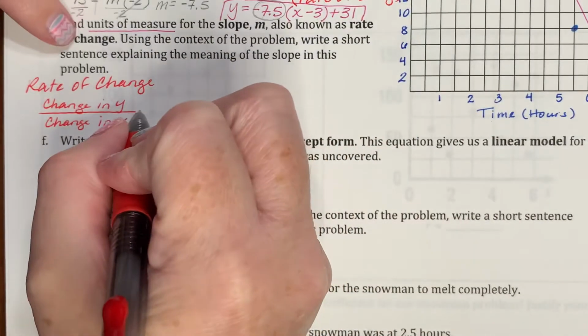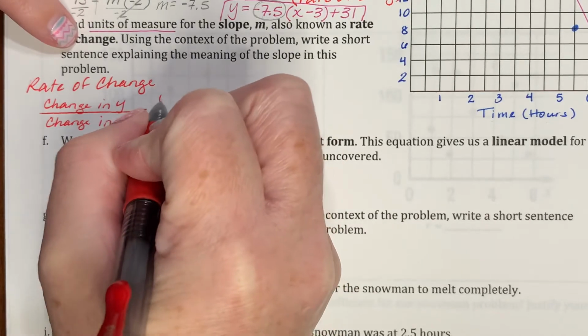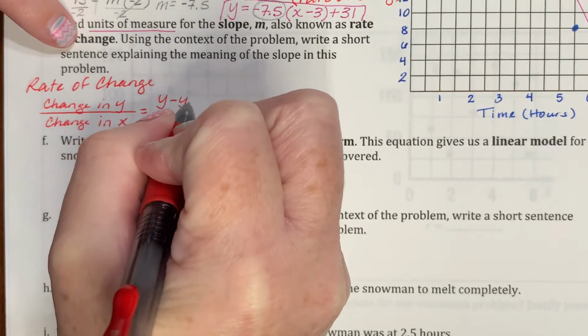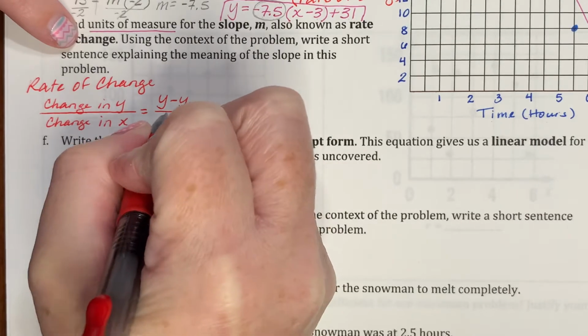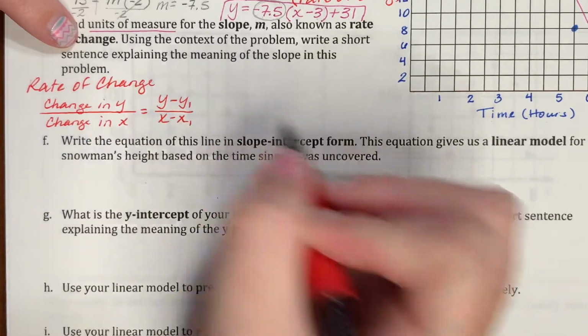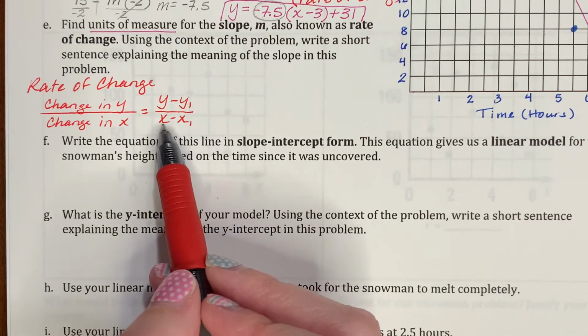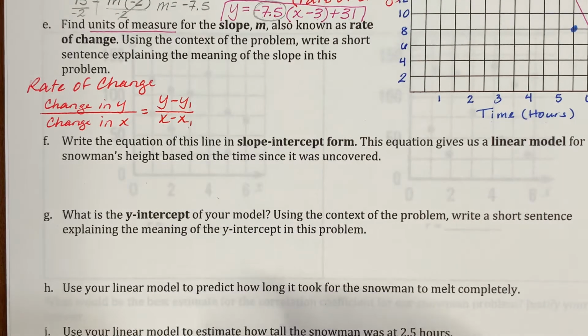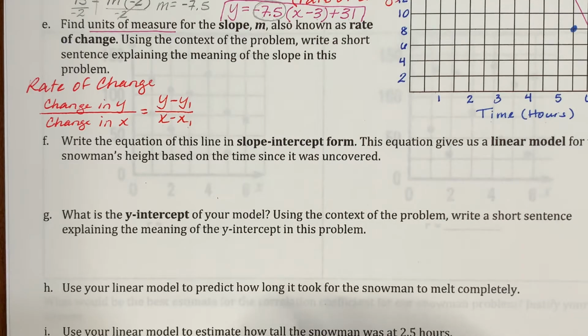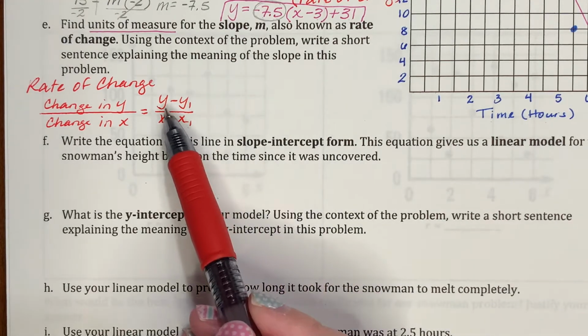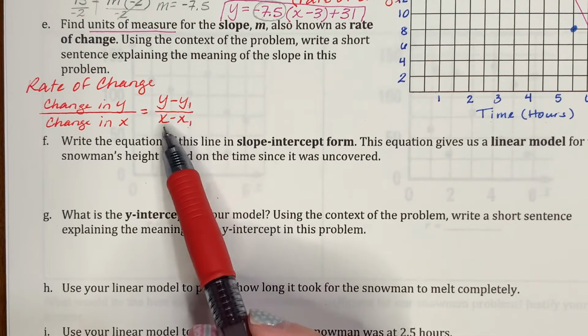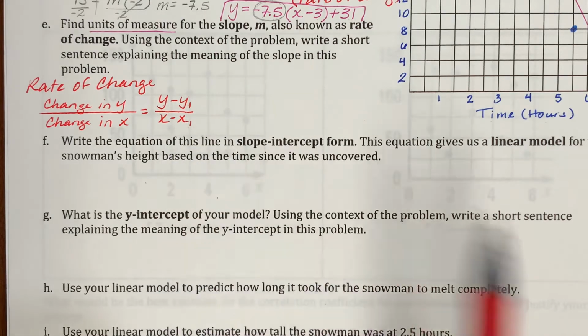You might recall that the slope formula looks like this: y minus y1 over x minus x1. Sometimes you'll see y2 minus y1 over x2 minus x1. Lots of different ways to write it with the variables, but essentially you're saying how much change in the y values over how much change in the x values.